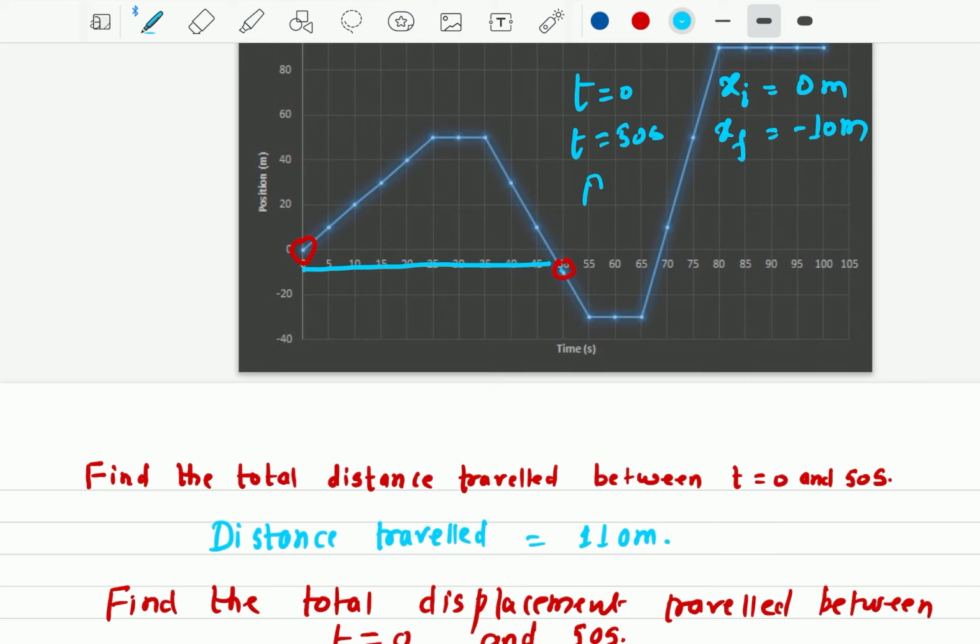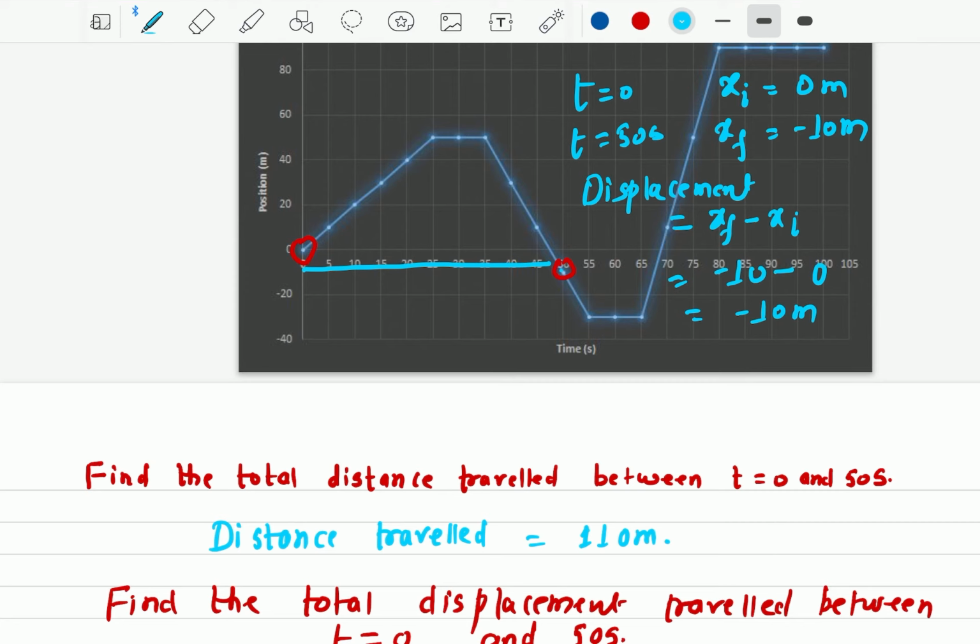The displacement by definition is final position minus initial position. My final position is negative 10, my initial position is 0. So my total displacement is negative 10 meters.